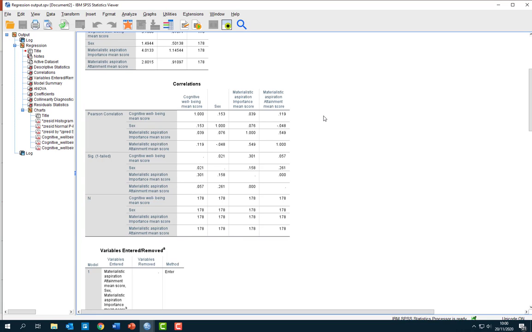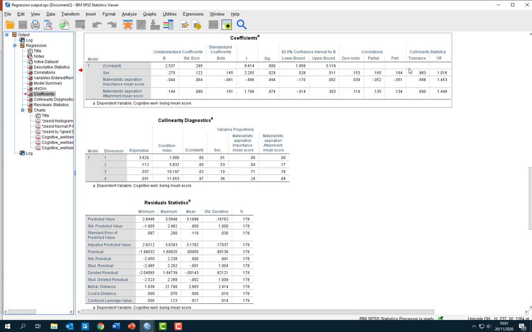But let's double check that we don't have multicollinearity by looking at the table of coefficients and our tolerance and VIF values. So if we had any VIF values in here of greater than 10 or any tolerance values of smaller than 0.1, we would have an issue and we'd need to deal with it.